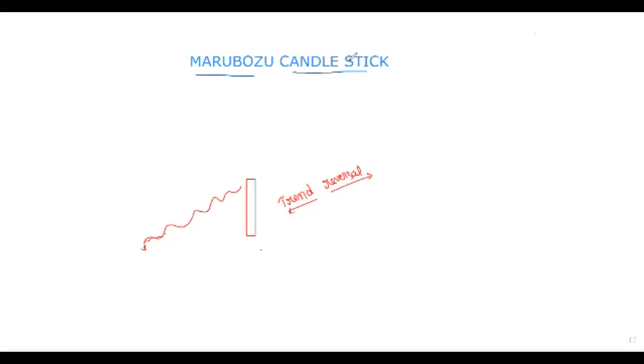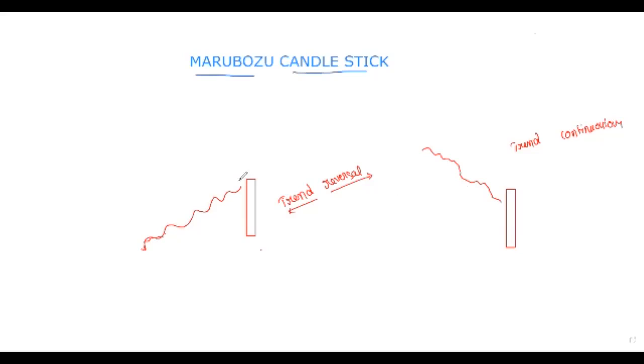Now if the trend is going downwards, if the stock price is moving downside and here one bearish Marubozu is formed, then it indicates trend continuation. That means the bearish trend in the stock will continue further.